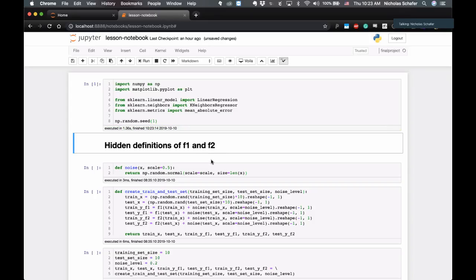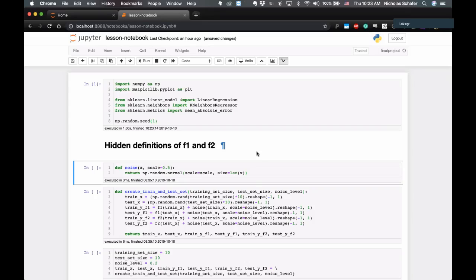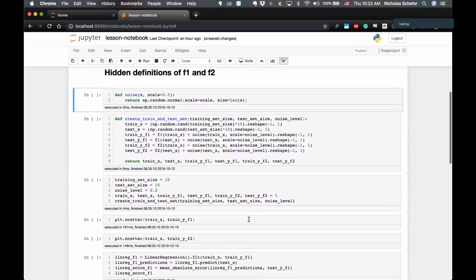So in a couple of hidden cells here, I've defined two functions, f1 and f2. I'm just going to go through those. And then the next two functions are going to help me create some toy training and test sets. The first is a simple random noise term, which is drawing values from the normal distribution.